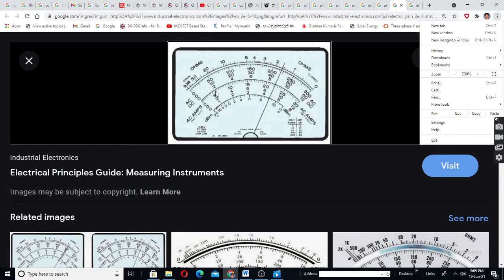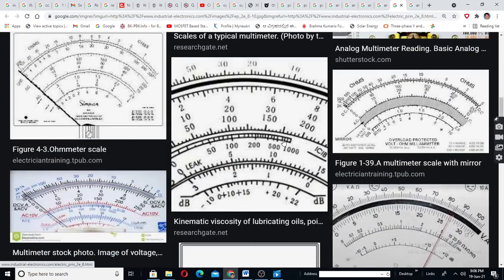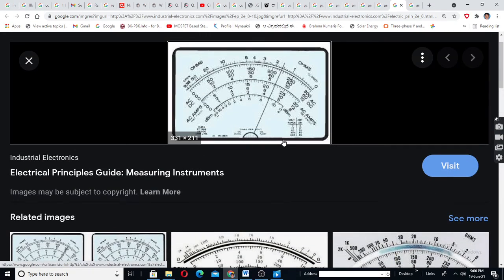Okay, for AC, see here, 0 to 5, 10, 15, 20, 25, 30. This is a 0 to 30 scale. You also have a 0 to 12 scale, 0, 2, 4, 6, 8, 10, 12. In the multimeter, you will have a knob there to select the range.